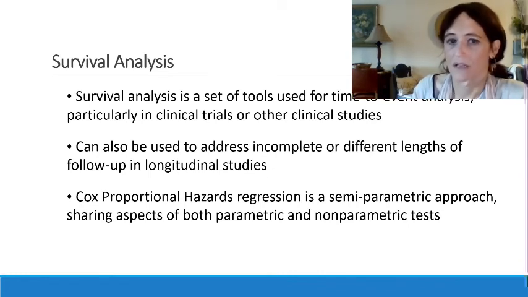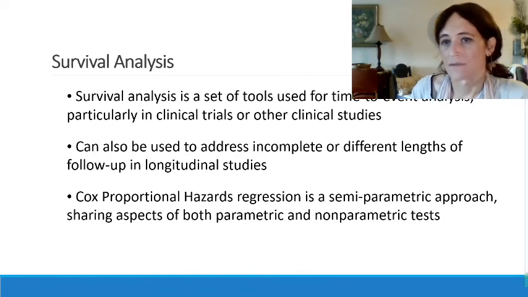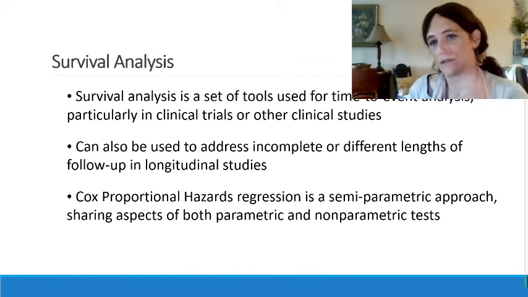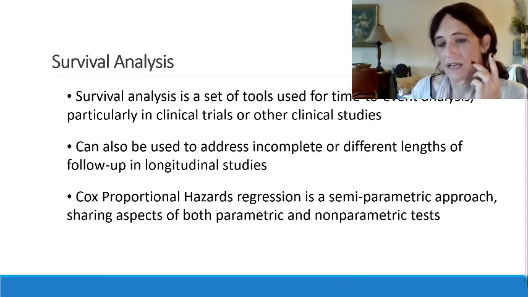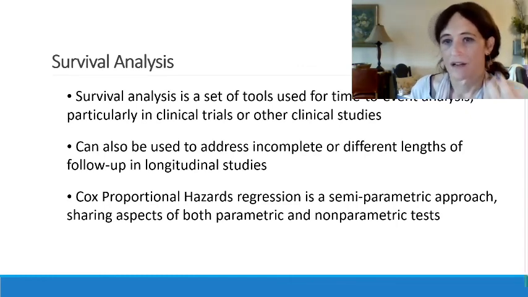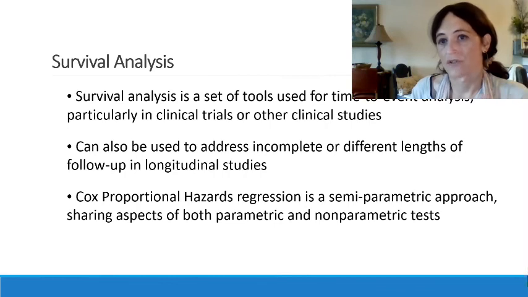And we use a model called Cox proportional hazards to deal with those kinds of situations. So the assumptions are slightly different, and it does require more advanced training to use that technique.